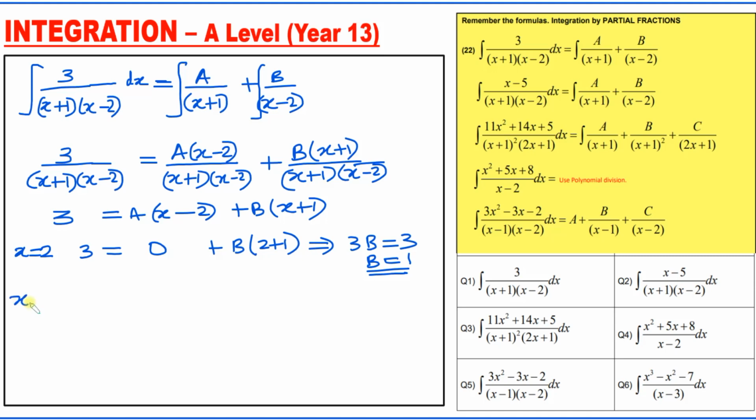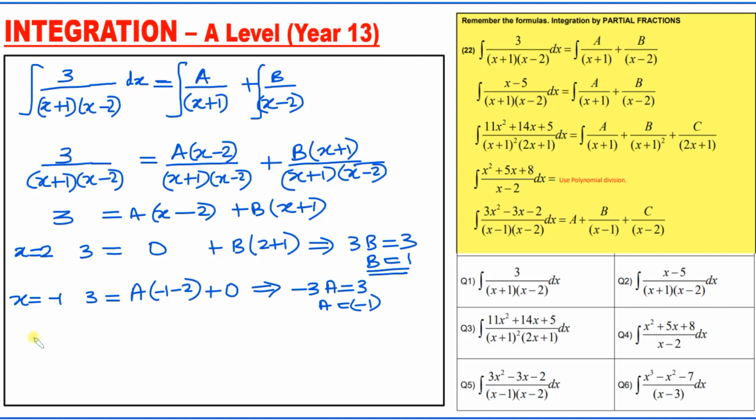And when you substitute x equals minus 1, then 3 equals A times (minus 1 minus 2). The other one becomes 0 and that gives minus 3A equals 3, so A equals minus 1.